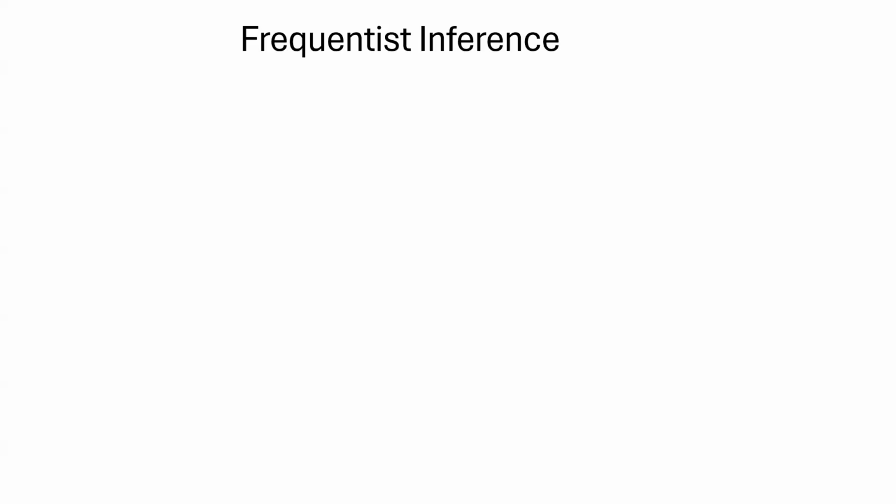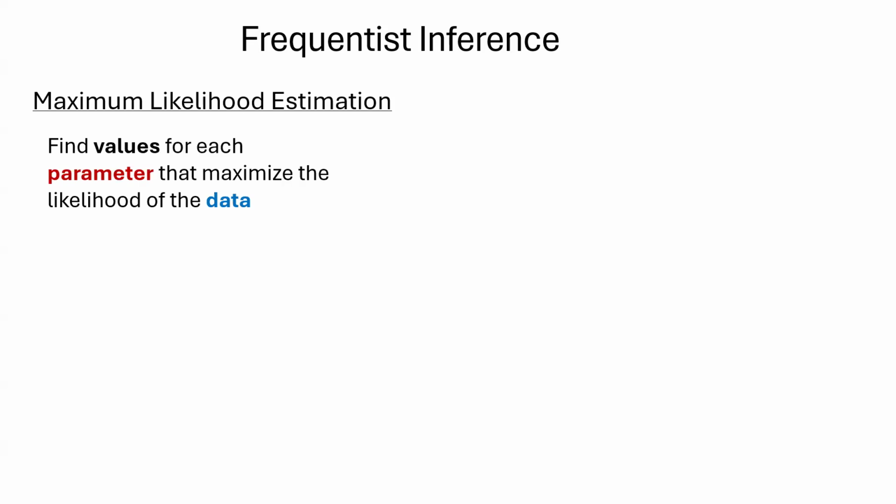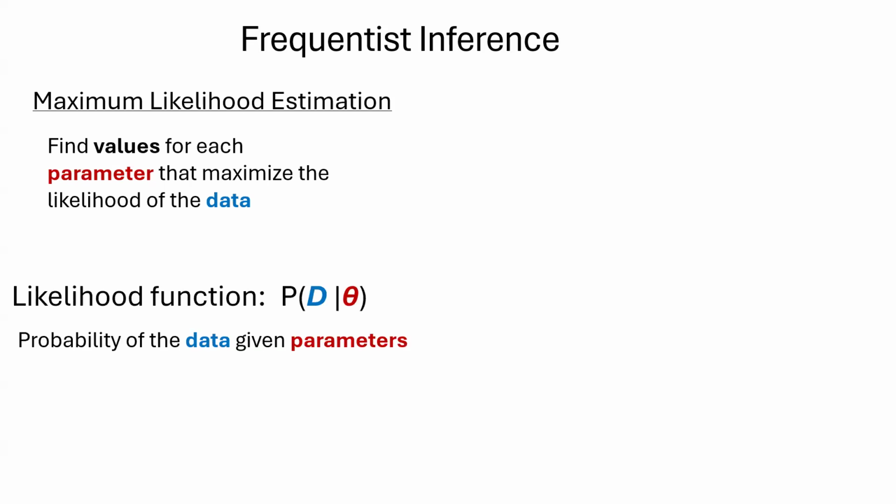All right, so just a little bit more about what I mean by frequentist inference. So the main type of frequentist inference used is called maximum likelihood estimation. So basically, our goal is to find values for each parameter that maximize the likelihood of the data, or best explain the data is another way to put it.